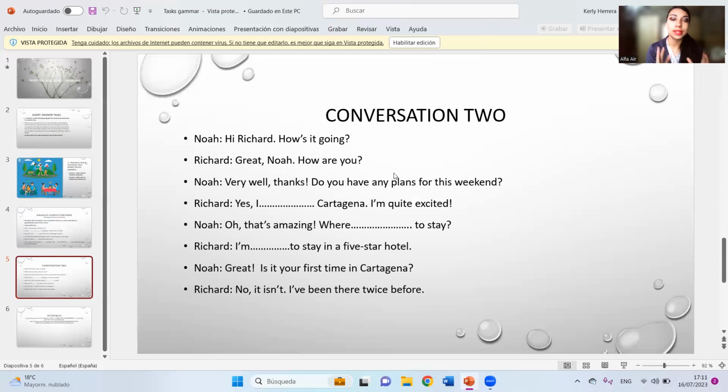In this second example, a student must consider the context of the conversation and the correct time to be able to respond in the blank space of the dialogue. In this case, they must use the future tense using going to. Okay, this is use going to.